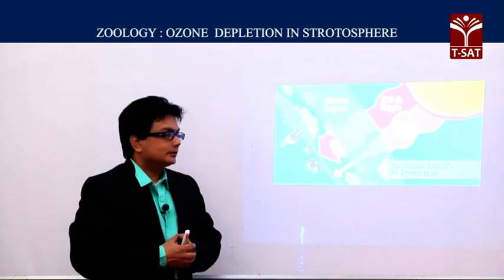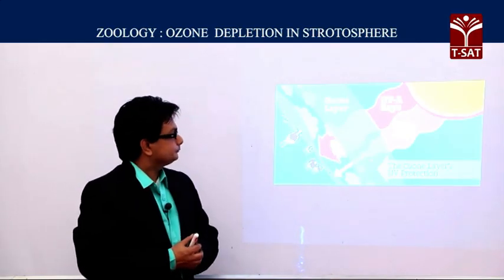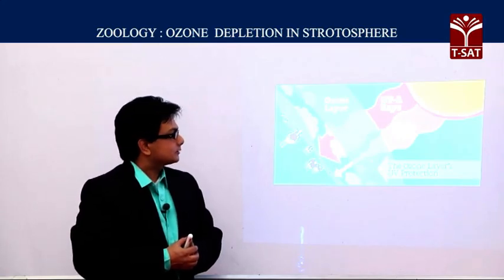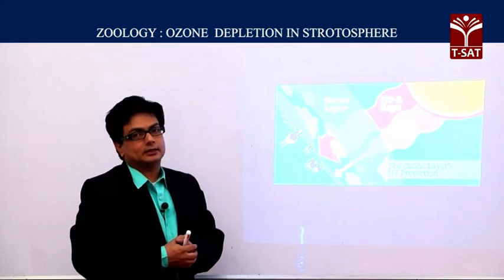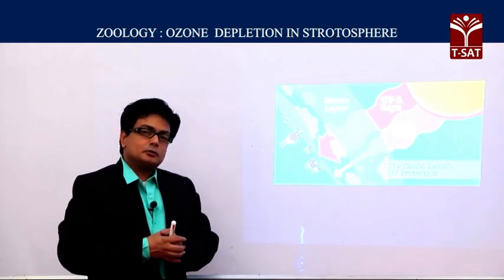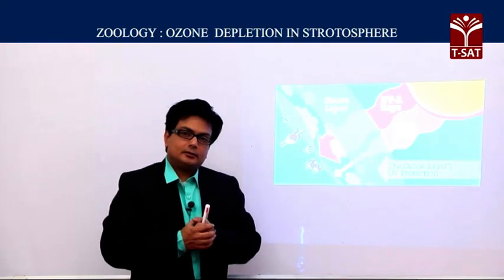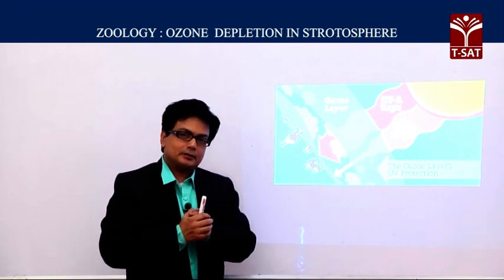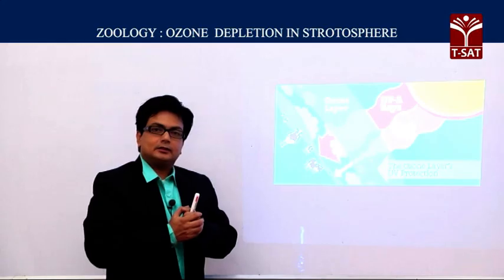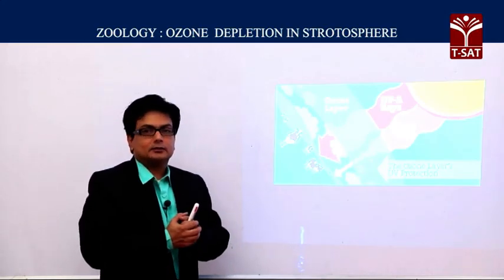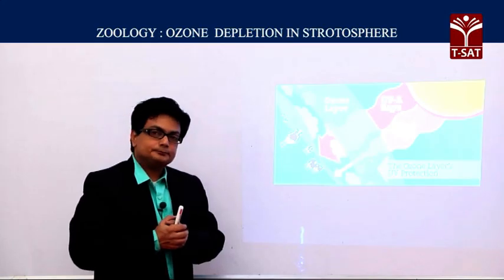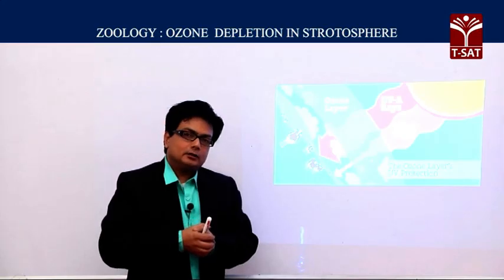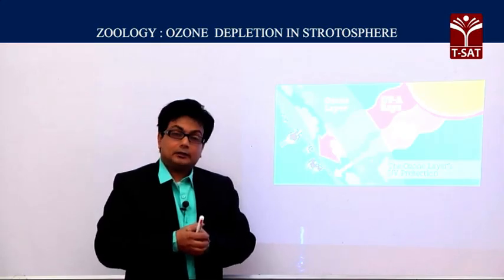I was showing you in the previous pictures that it prevents the entry of UV rays whose wavelength is lesser than B. The good ozone certainly acts like a barrier and protects this world. The next thing is, let us talk about ozone depletion and how that happens.